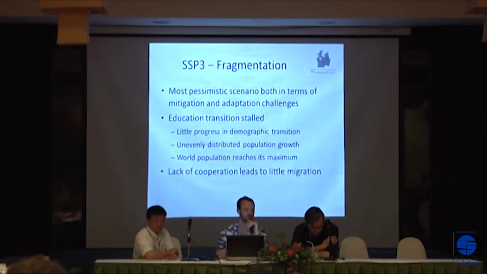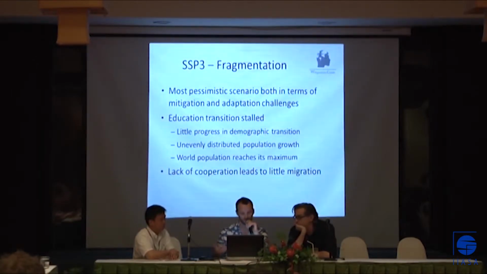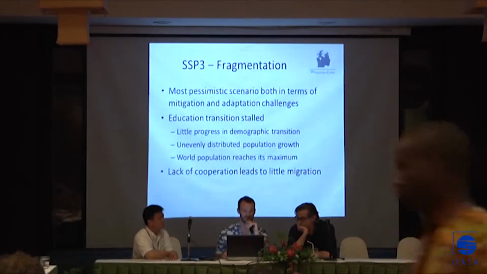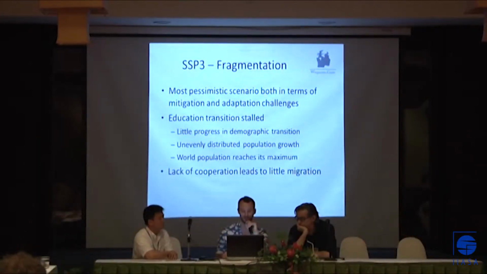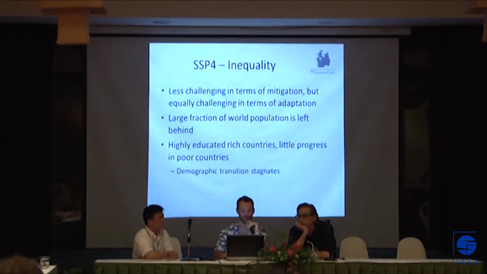Very little progress is made in the demographic transition, which means that we have very unevenly distributed population growth. So especially the high fertility countries of today will continue to grow very rapidly, and world population will reach its maximum in this scenario. Needless to say, for the lack of cooperation in this very fragmented world, migration is not going to play a big role in SSP3.